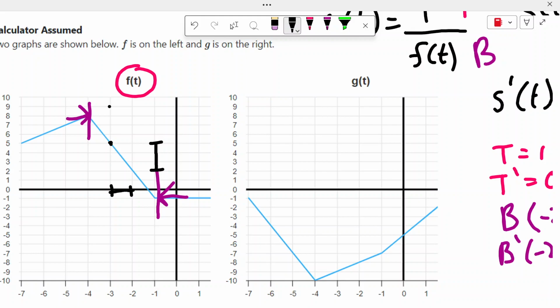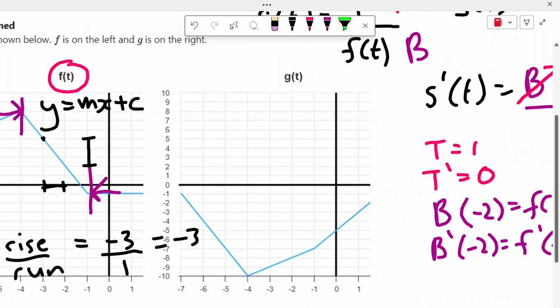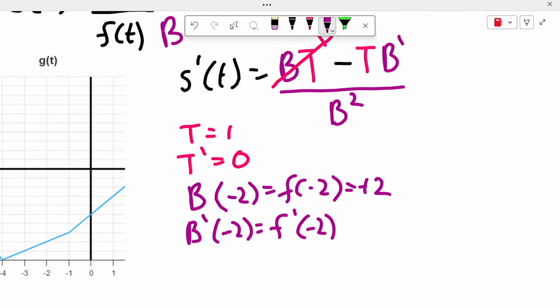So it's a line like y is equal to mx plus c, where m is the rise over the run. So m is equal to our rise, in this case, that's equal to minus 3, and we have run along 1, so it's minus 3. That is this part of the equation.